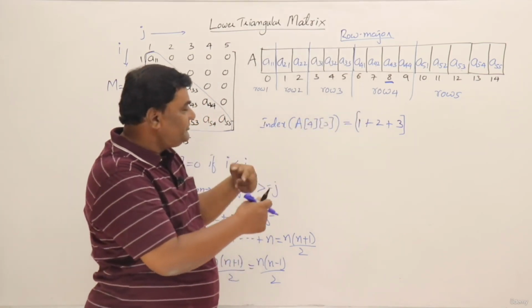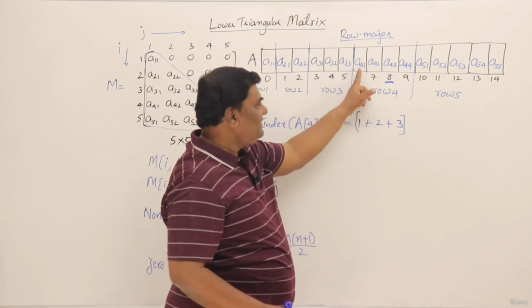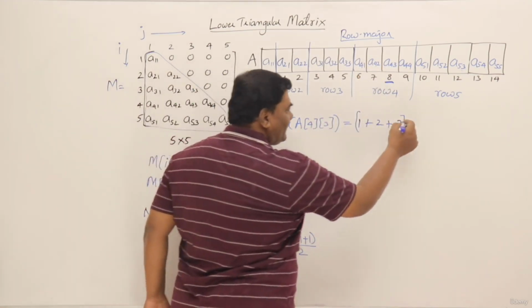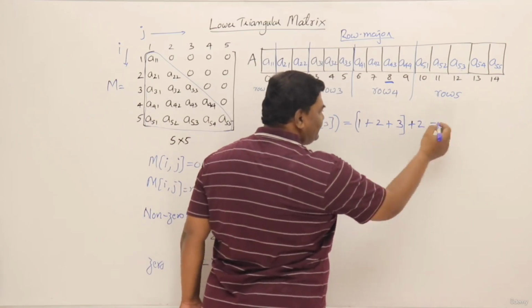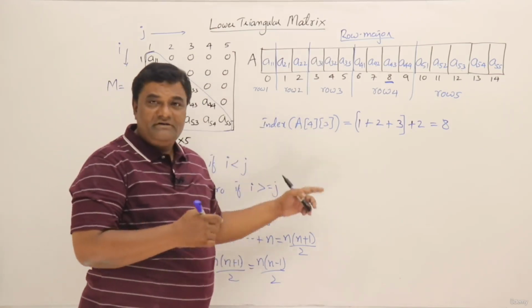Then how many elements should I move ahead to reach 4, 3? I should move 1, 2. So 2 elements, plus 2. If I take the total, this is 8. So yes, I got the index for 4, 3.